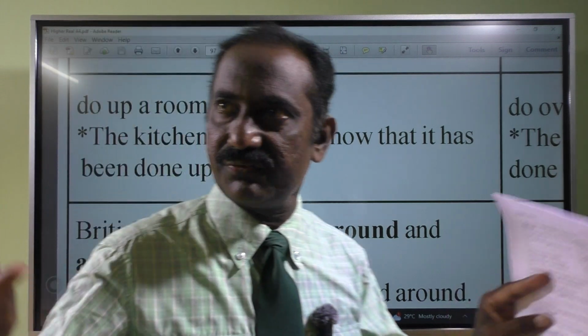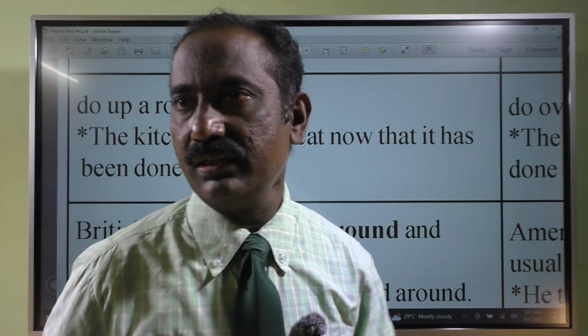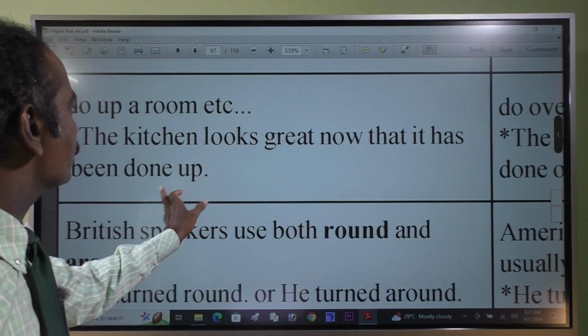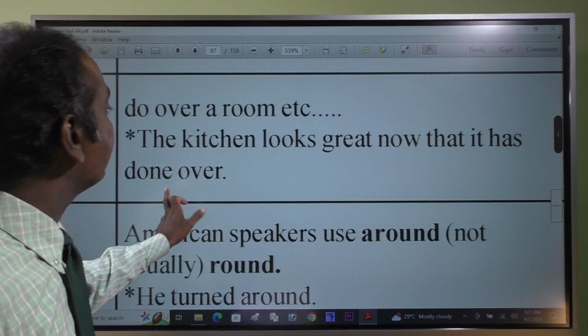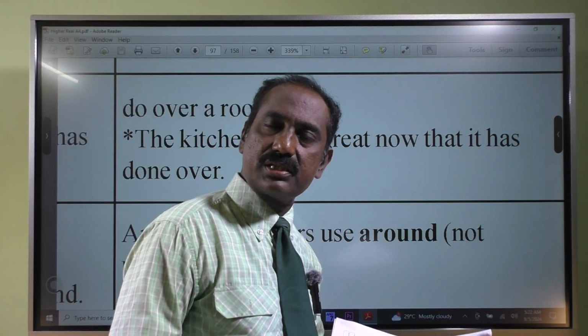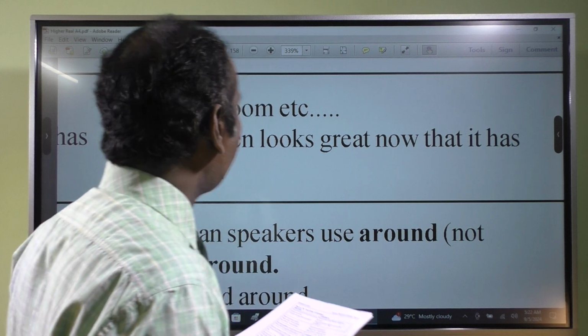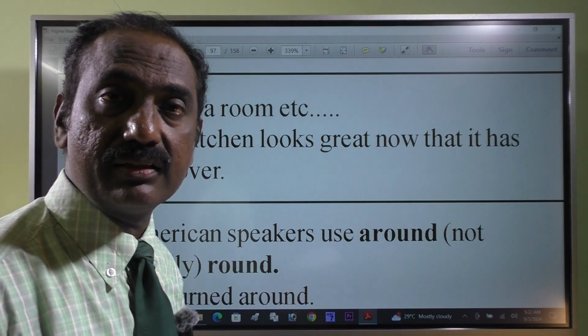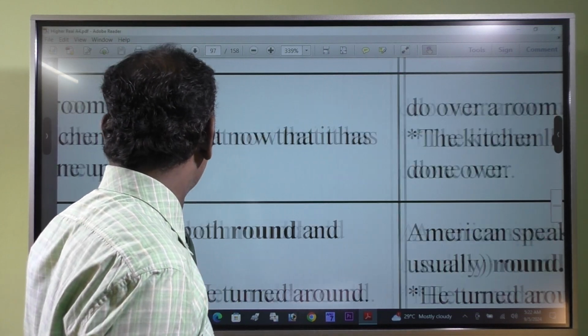That means it is set right, neat and great. But Americans do not use done up. They use done over: the kitchen looks great now that it has been done over. But Britishers say done up.